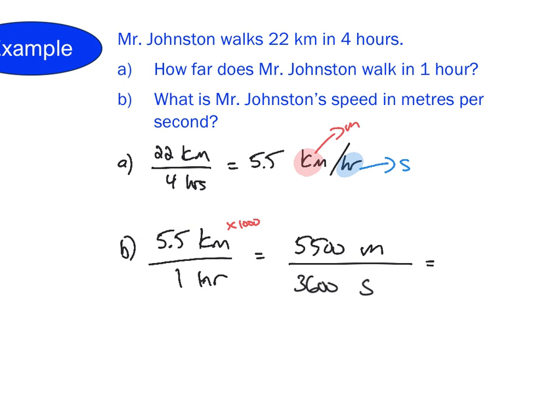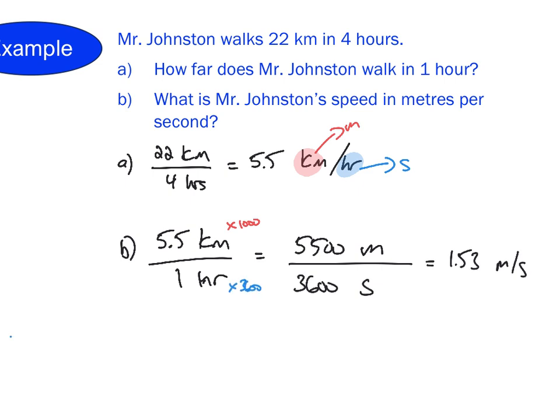What's 5,500 divided by 3,600? 1.53 if we round, meters per second. So 5.5 kilometers per hour turns into 1.53 meters per second.